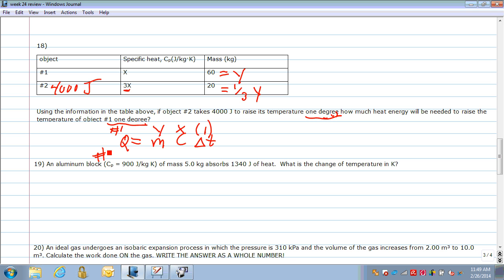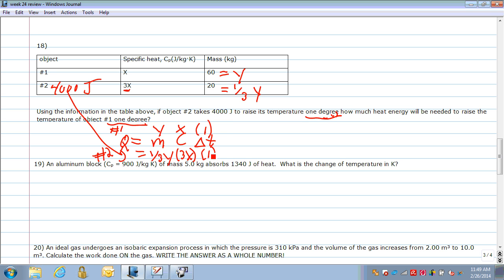For number 2, we know that the heat is 4,000 joules. And we said the mass for number 2 is 1/3 of y. C is 3x, 3 times x. And what is the change in temperature? 1, right?